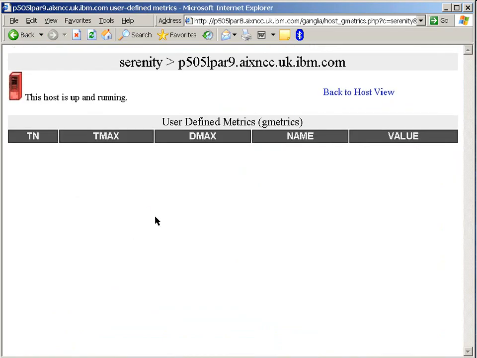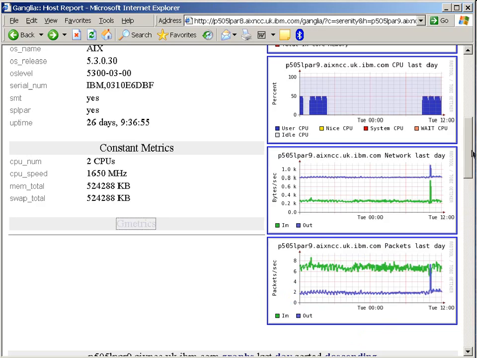This should be blank at the moment, but if we wanted to extend Ganglia, if we have any script or tool on the operating system that can give us a number or even a string, we can pass this to Ganglia. It gets pushed up to the website and we can see the details here. If it's a number, Ganglia will start graphing that for us, so we can track that number from then on, and it'll auto-scale all these graphs for us.